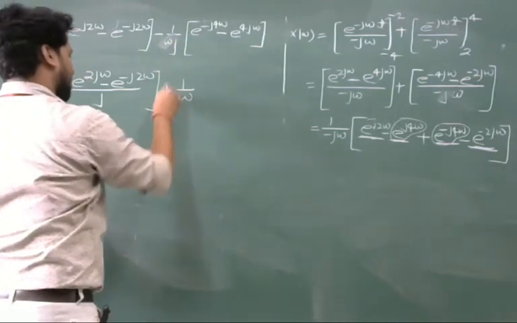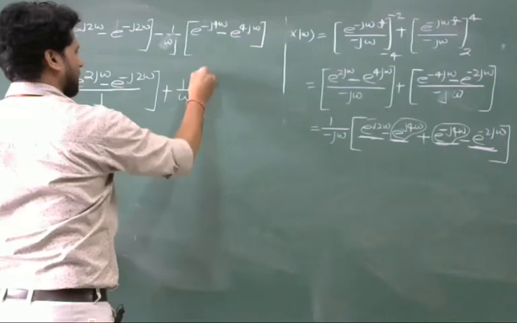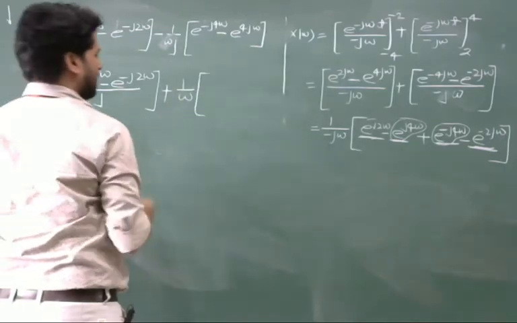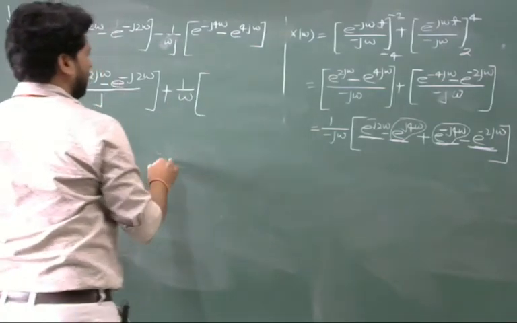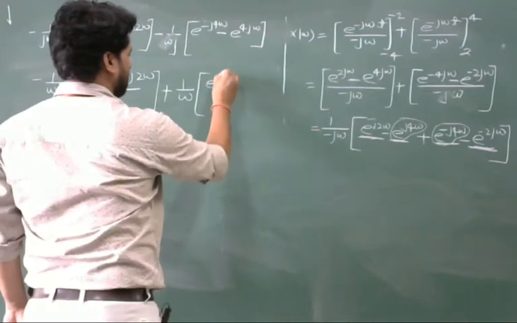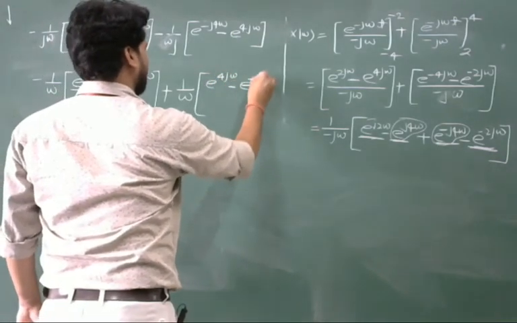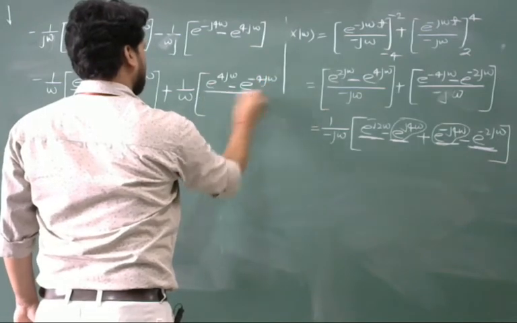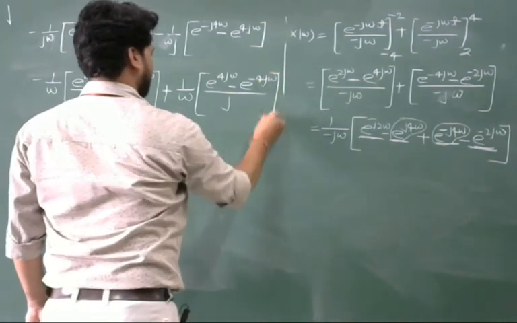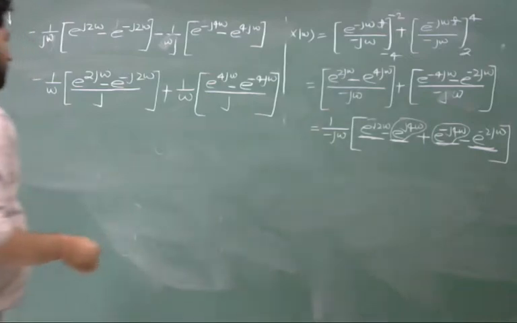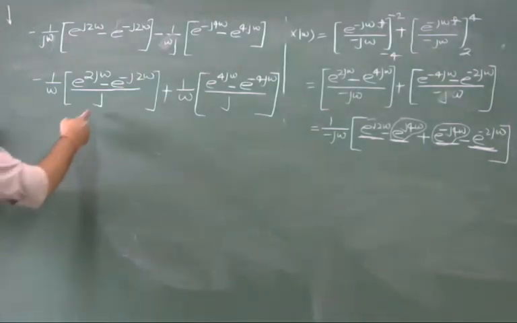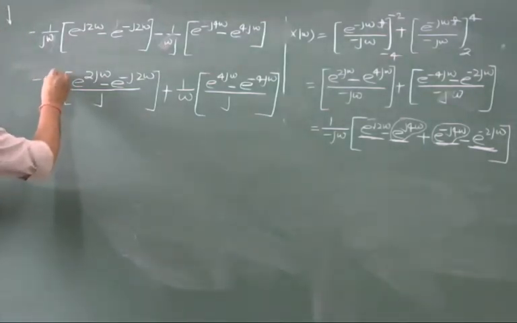Instead I will write here plus, I will take minus common from this bracket. This will become 1 by omega, e power 4j omega minus e power minus 4j omega divided by j. Now multiply this equation by 2 and divide by 2.